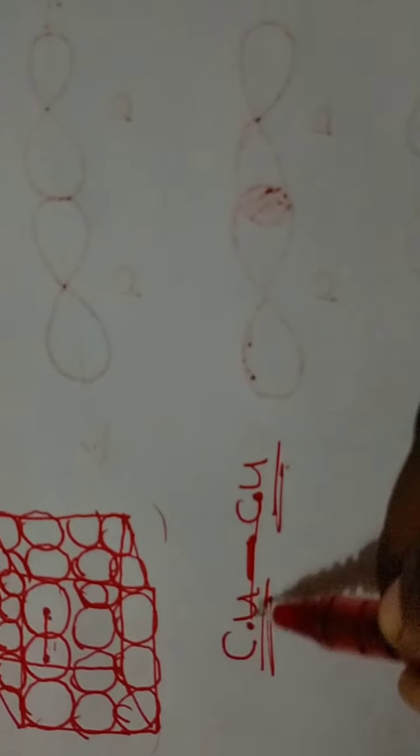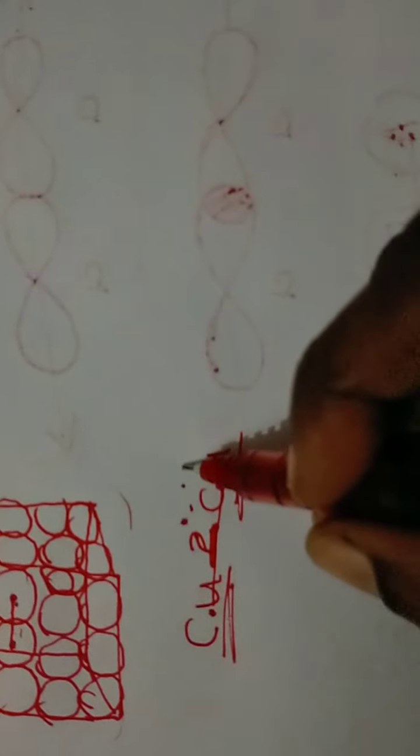The distance between the nucleus of one copper atom and the nucleus of the other is known as the metallic radius, and it is divided by 2 like the previous one. So you will get the R value.